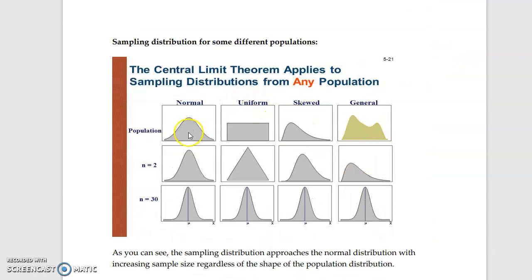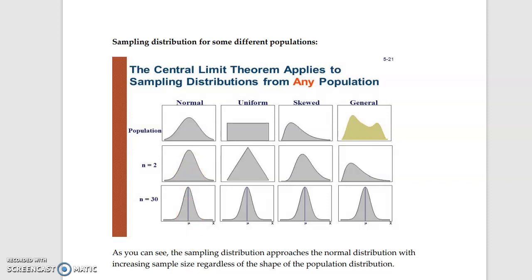We had a normal distribution for our population. Then when we had a sample of size 2, the shape of the sampling distribution was a bell, but it was more narrow than the population. And then when we increased the sample size to 30, we had a much narrower bell. But in both cases, we had a bell-shaped distribution.